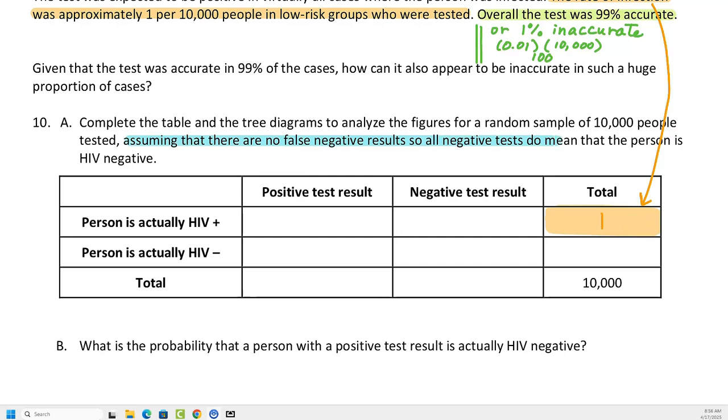So all negative results do mean that the person is HIV negative. That gives me this piece of information right here. A negative result means that the person actually is negative, and so none of them will be positive. So this is 0.